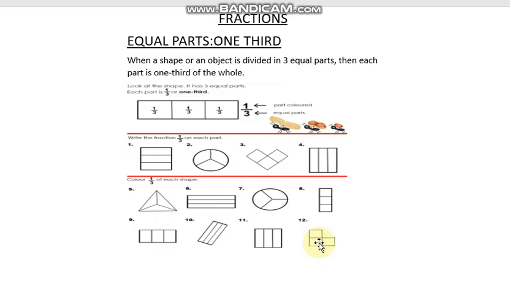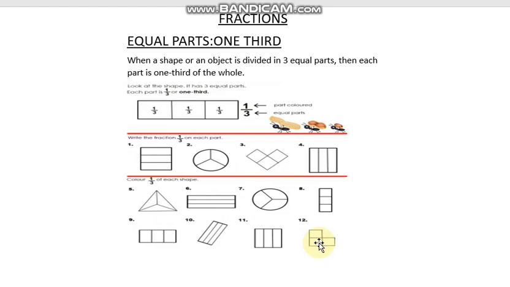Then on book page number 96, there is also an exercise for the quarters. As I have already explained halves and quarters, now you can easily solve these questions.